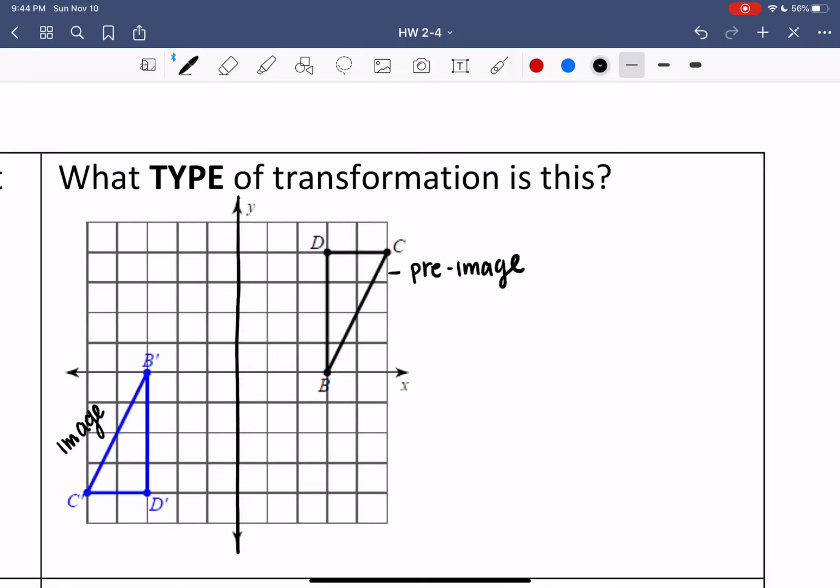So a rotation is the only other option we are left with, since a dilation would result in a smaller or a larger image. So this one would be a rotation. And when you use patty paper, you'll be able to trace and find which degree it's being rotated about the origin.